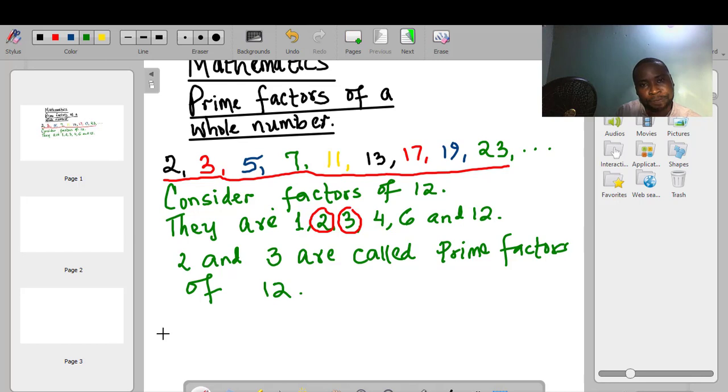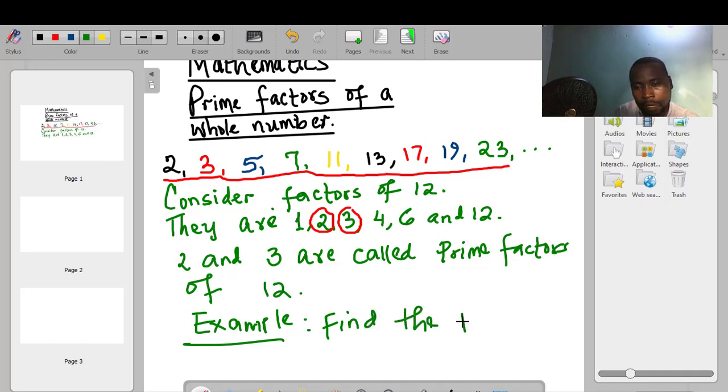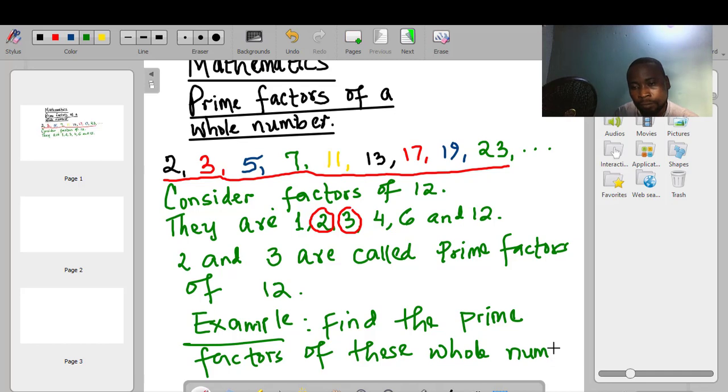Suppose we now say find the prime factors of these whole numbers.